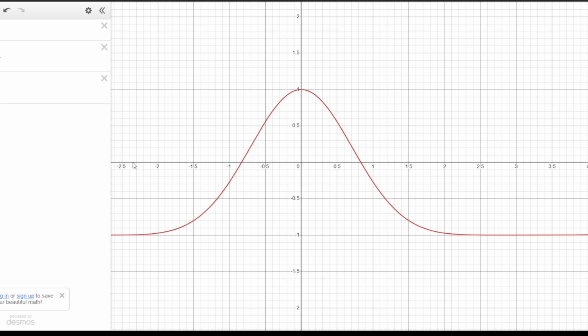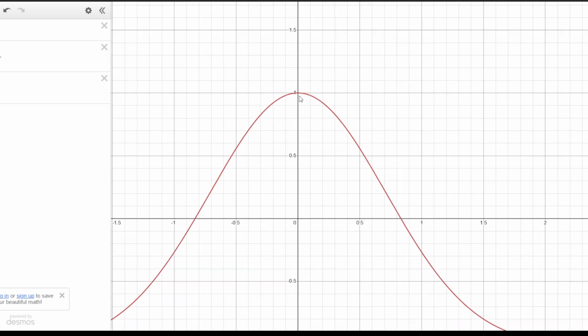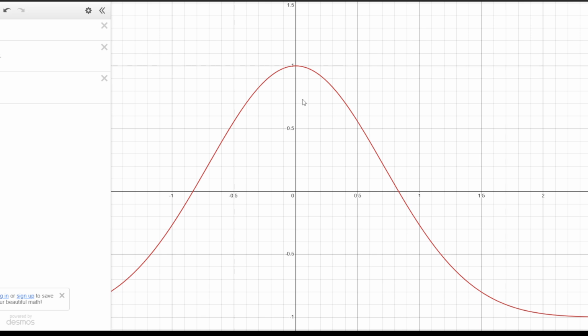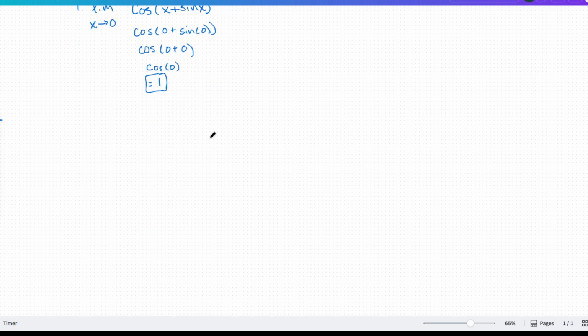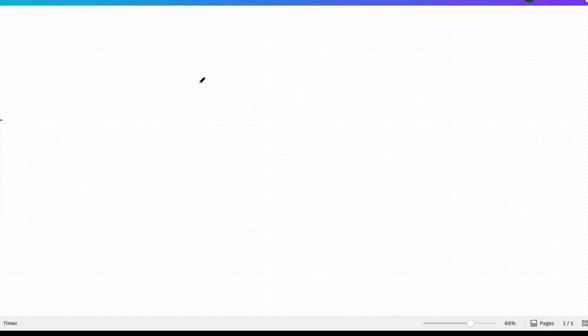As x goes towards 0 on the x-axis, our function is approaching 1, and it is defined there at 1 because we were able to solve the limit. From either direction, positive or negative on the x-axis, as we get closer to 0, our function goes towards 1. So pretty straightforward. We'll look at a few more complicated ones.